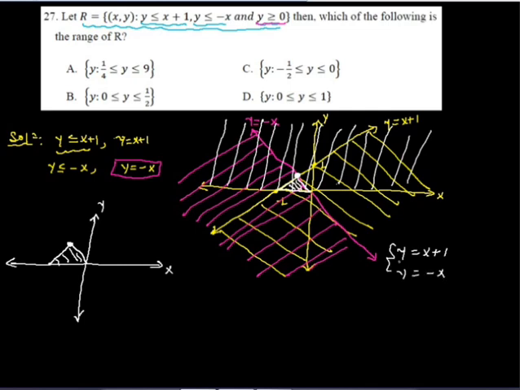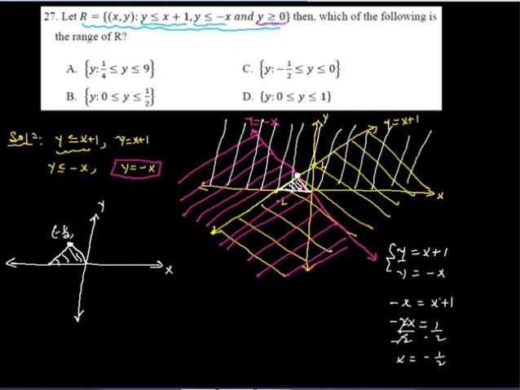Use substitution: in place of y use minus x. Minus x equals x plus 1, so minus 2x equals 1. Dividing both sides by minus 2, x becomes minus 1 over 2. At this intersection point the value of x is minus 1 over 2.